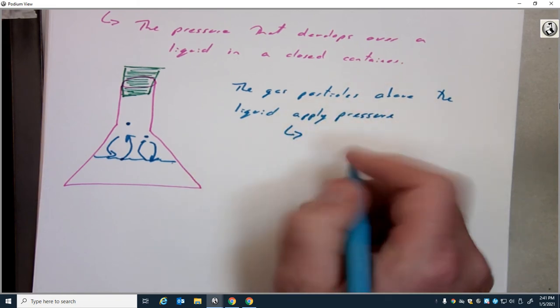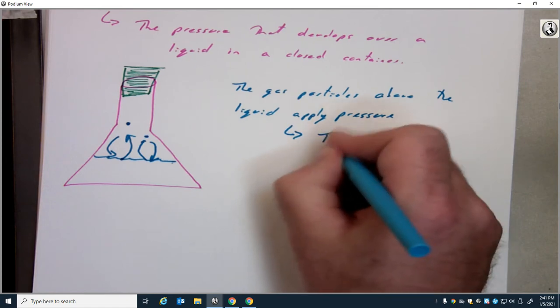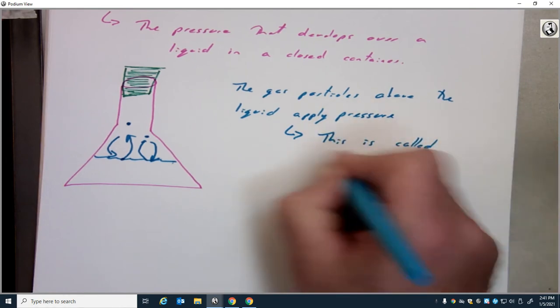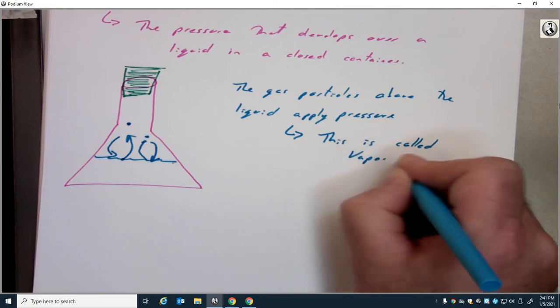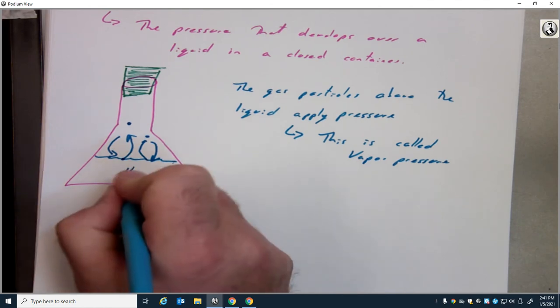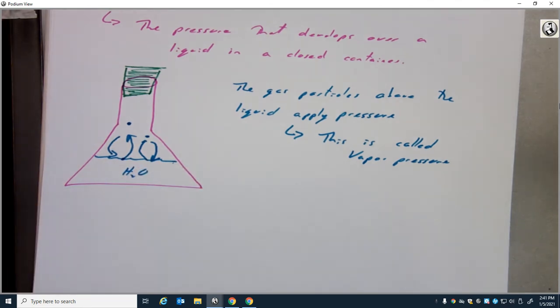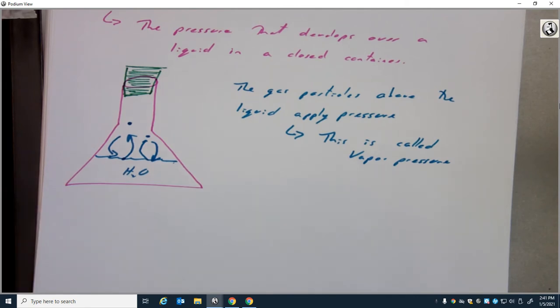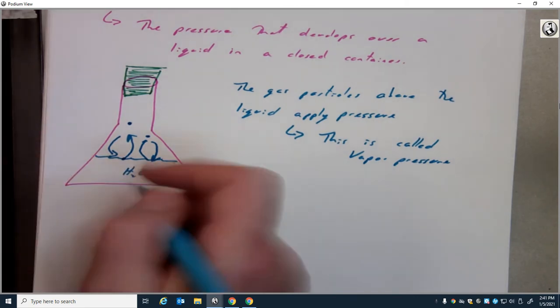That pressure is called vapor pressure. Let's label this H2O. Okay, so this is my closed system. So this will produce a vapor pressure.